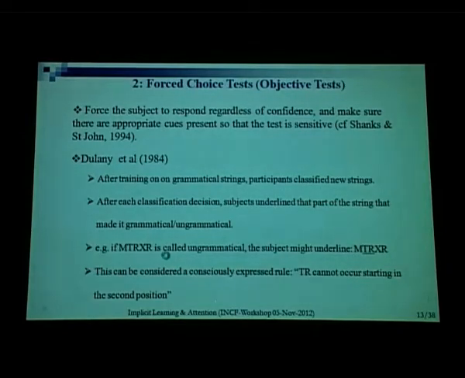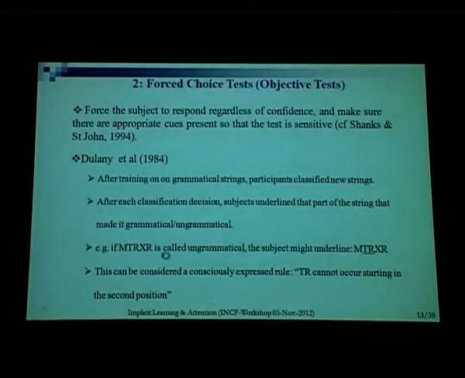The forced choice tests, which are the tests of choice in most SRT tasks, force the subject to respond regardless of confidence and make sure that there are appropriate cues present so that the test is sensitive to the knowledge that they've acquired. So for example, after training on grammatical strings, participants are asked to classify new strings.